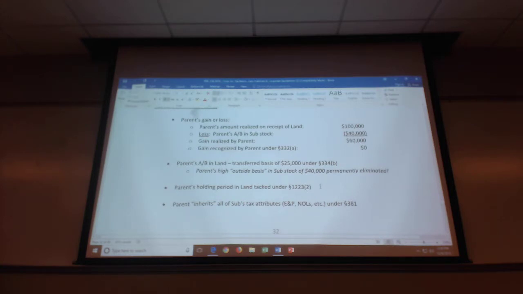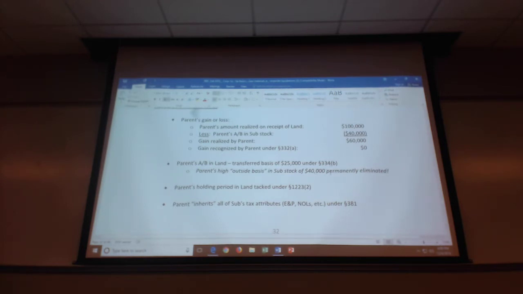Remember, the parent had a basis in its stock of $40,000 in the sub, but the sub had a basis in the land of $25,000. The code provides that the parent gets stuck with the $25,000 basis of the land in the hands of the sub, meaning that the fact that the parent had excess basis in the stock of the subsidiary is effectively wasted.